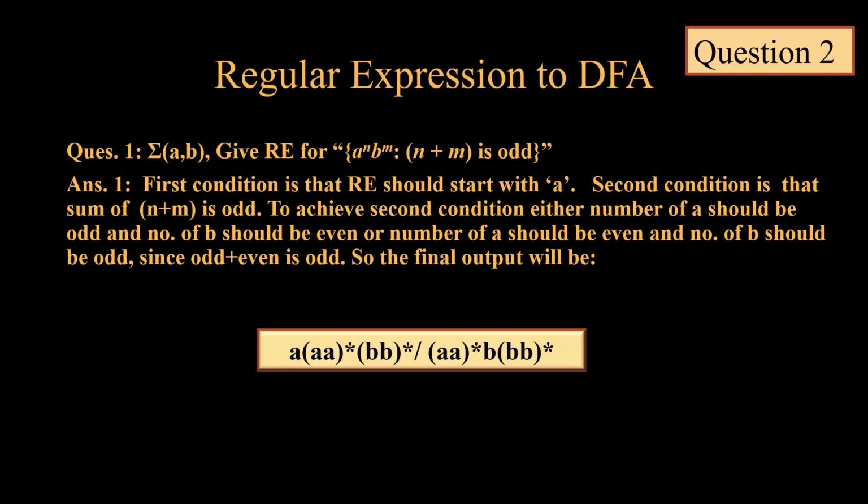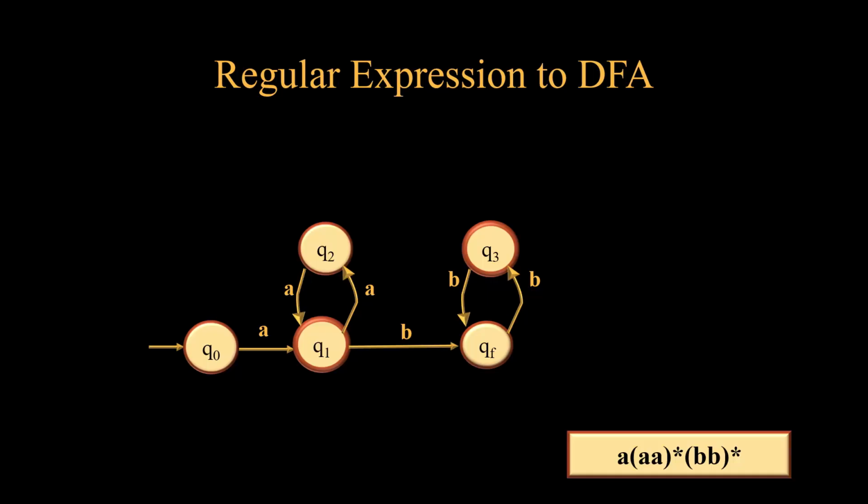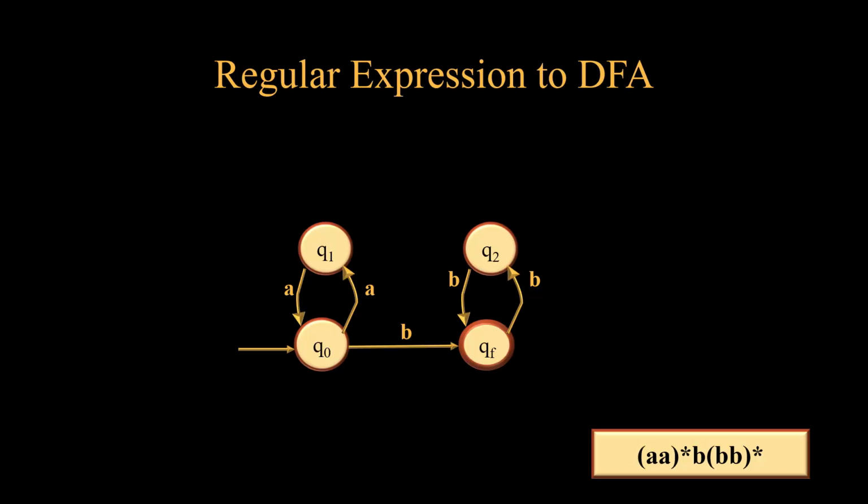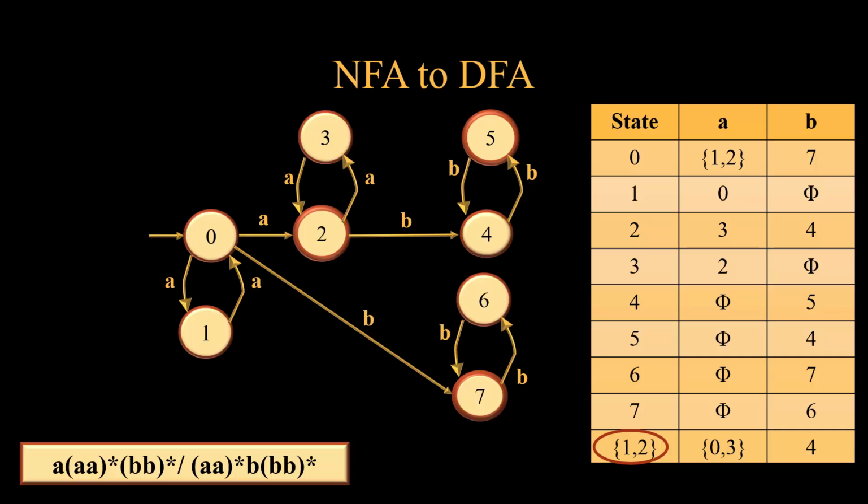We will first draw the DFA for the first expression. So this is the DFA corresponding to it. Then we will draw the DFA for the second one. Now we will join these two. When we join these two, we identify that this is an NFA, because there is an entry for state 0 which has more than one move.